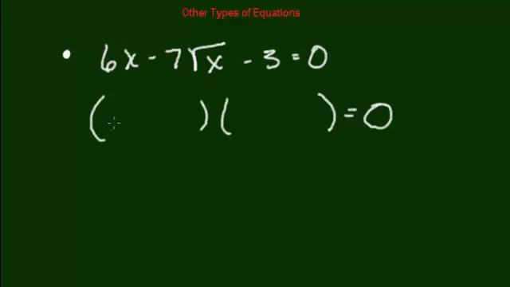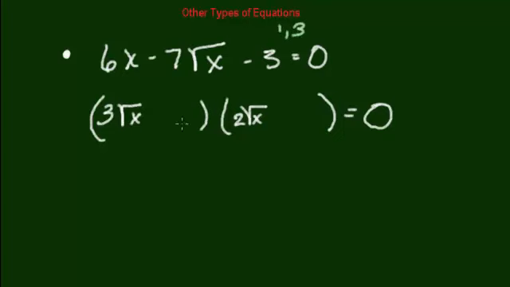So if I let that be my individual term on each of these, I'm going to just do a little guess and say it's 3 square roots of x times 2 square roots of x. Notice that 3 square roots of x times 2 square roots of x will give me 6x, which is sitting right here. Then, in order to make a 3, I need a 1 and a 3.